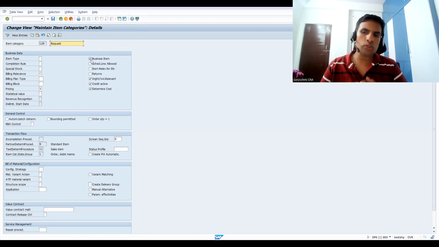Because we don't want to deliver anything based on certain quantities and certain dates. This is to settle between your customer and company through finance, either plus or minus values in terms of quantity or price change, which you would like to settle between your customer and your company. In such cases we are using these.